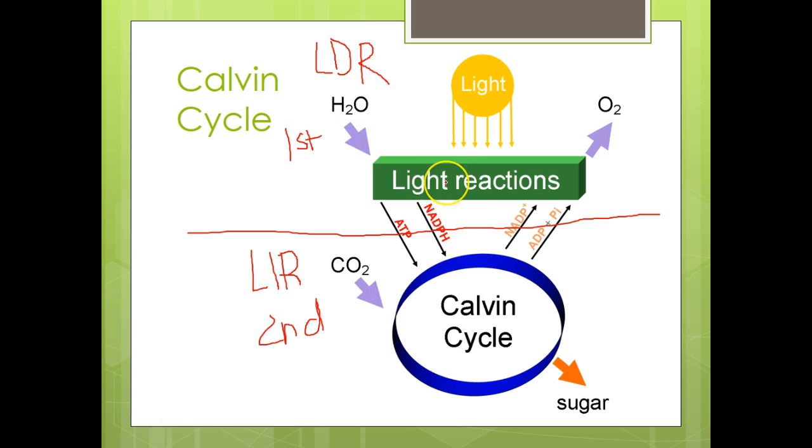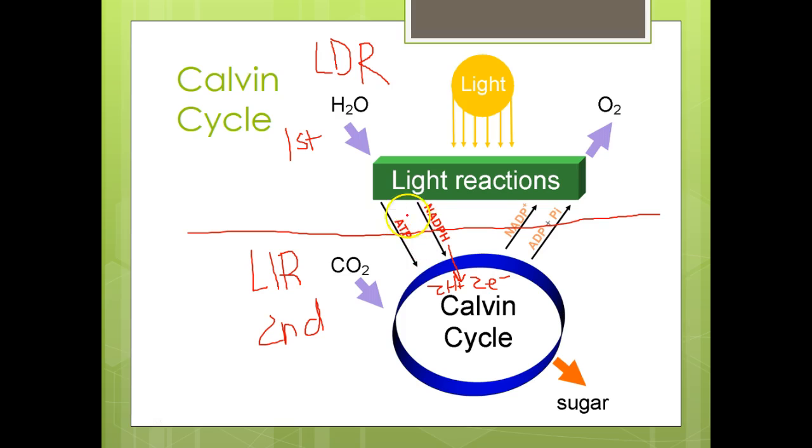NADP+ will accept the electrons and a hydrogen ion, be converted to NADPH, and NADPH is our final electron acceptor, full taxi, which is going to obviously drop 2 electrons and 2 hydrogen ions at the Calvin cycle. Okay, so NADPH is going to take hydrogen ions and electrons from the light-dependent reactions into the Calvin cycle.